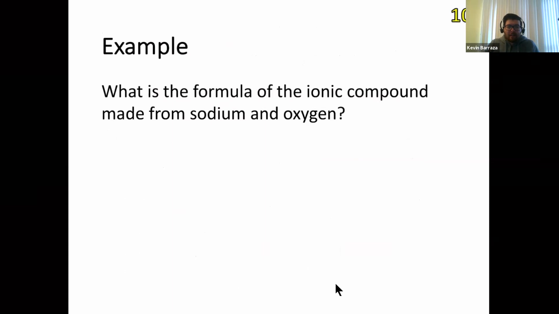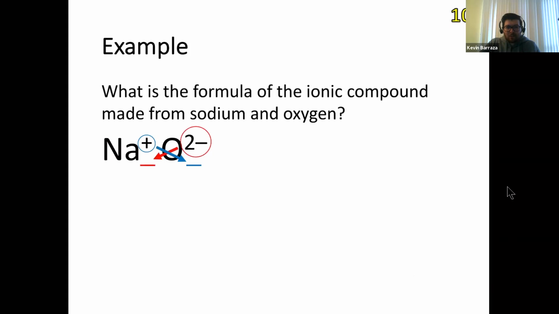So we can practice. What is the formula of the ionic compound made of sodium and oxygen? So step 1 is to write both of their symbols with the charge of the ion that they make. Sodium is the predictable 1+, oxygen is the predictable 2-. We're going to take those charges and we're going to crisscross them.